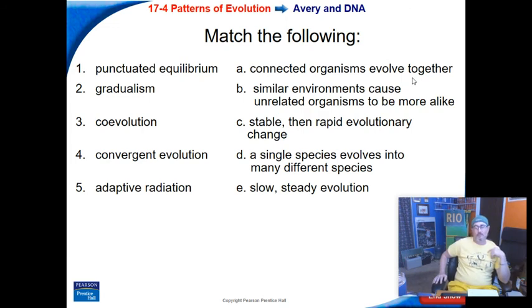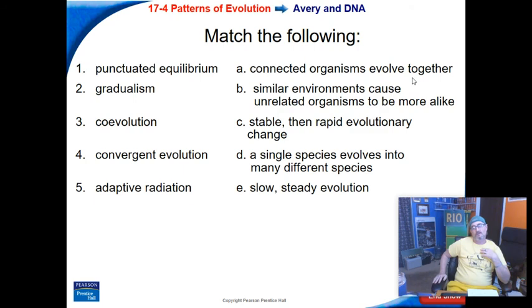Number two, gradualism. Yeah, so that's going to be E, slow, steady evolution. Co-evolution. Yeah, the clue is together because that's what co means. So that's going to be A, connected organisms evolving together.